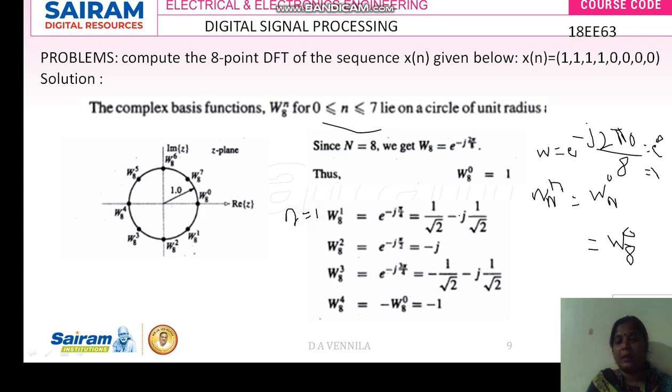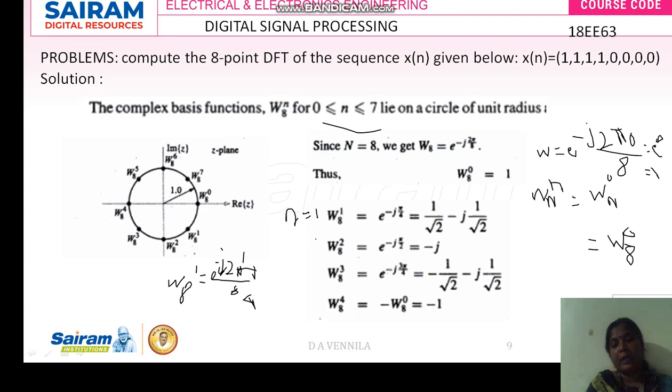Same thing here, e power minus j 2 pi into 1 divided by 8. So this will be 4. Cos pi by 4 minus j sin pi by 4 is equal to 1 by root 2 minus j 1 by root 2.